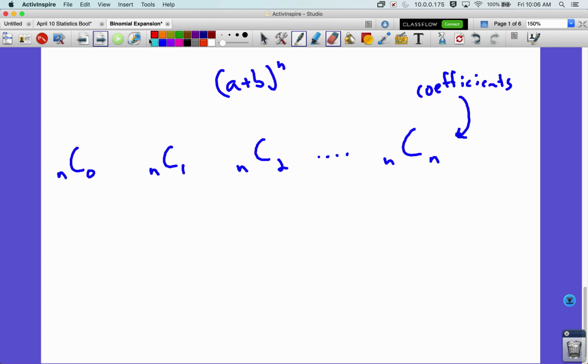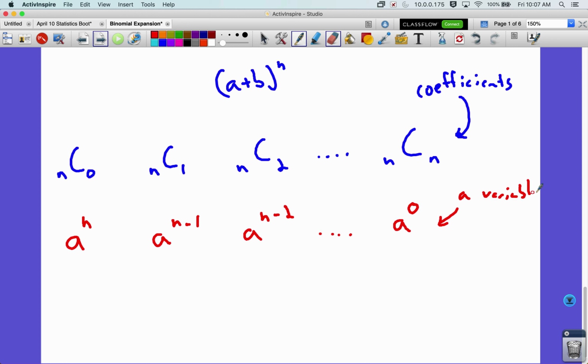All right, now our variables follow an interesting pattern. They start with a to the n, and then a to the n minus 1, and then a to the n minus 2, all the way down until there's no a's. So a to the 0th, which just goes away because that becomes a 1. And then the b's follow the exact opposite order.